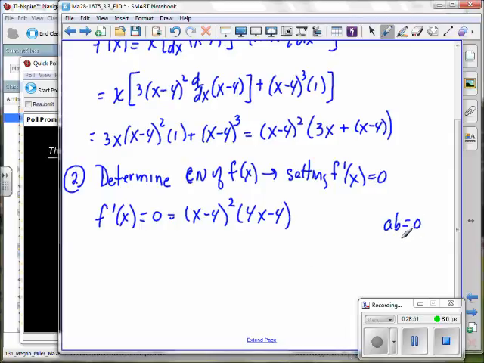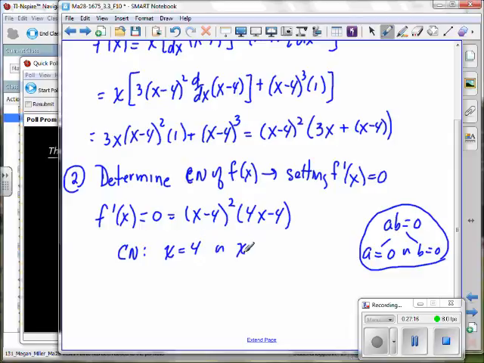If you have two numbers that multiply to be 0, you only got that if one of the numbers was 0 itself. So that whole basic Algebra 1 idea is what we're going to be using here. So our critical numbers, x equals 4, x equals 1. Okay.